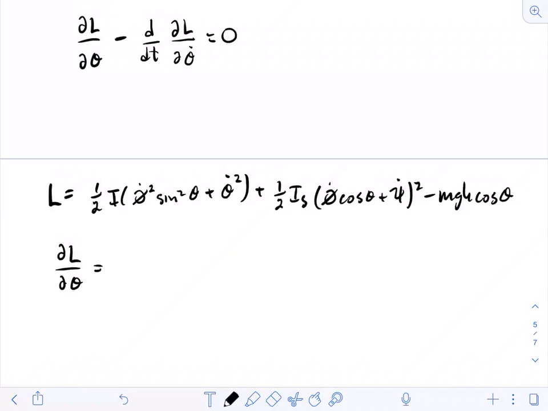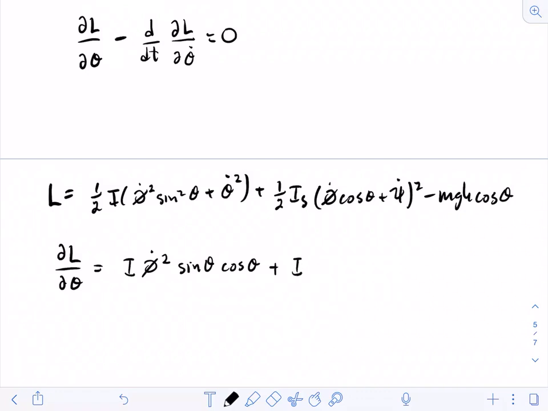So there's a few terms that we have to get right here. So we're going to have an I phi dot squared, and then we have sine squared. So when we take the derivative, we get 2 sine theta. The 2 cancels with the 1/2, so we get a sine theta. And then we have to take the derivative of sine theta, so we get a cos theta.